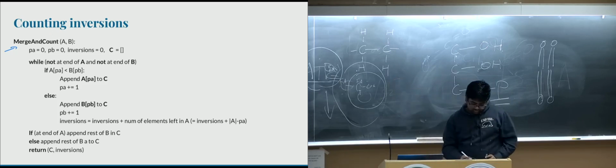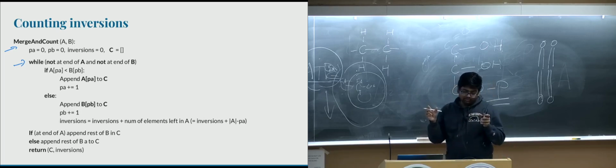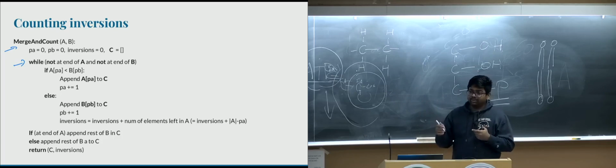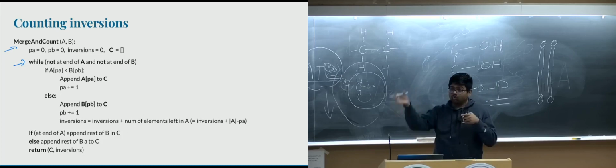This condition basically implies that. If the element in A is less than the element in B, we basically just append that to C, and we update the index of the left array. When the other thing happens, that means the element of B is less. That means we have to move it towards the left, somehow.